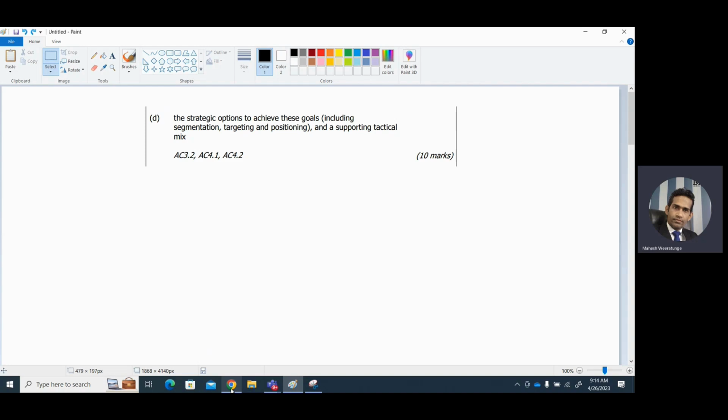Here, we will be looking at part D, where you look at your strategic options to go into your marketing plan. So I'll take you through the area you have to address in this question, and let's look at the key areas they are expecting you to address in your answer. So you can see the question here, right?